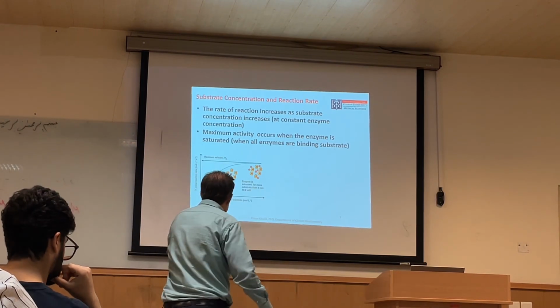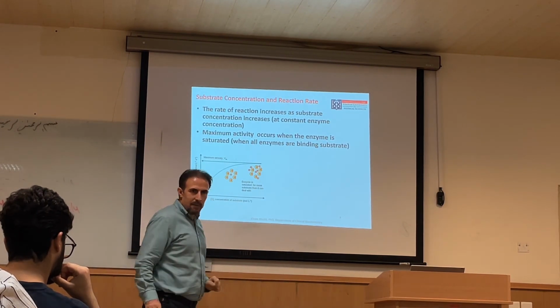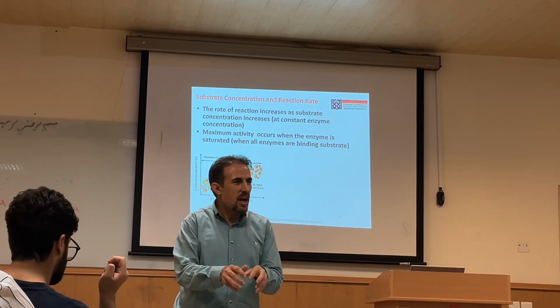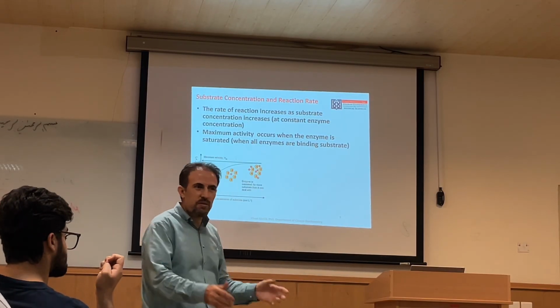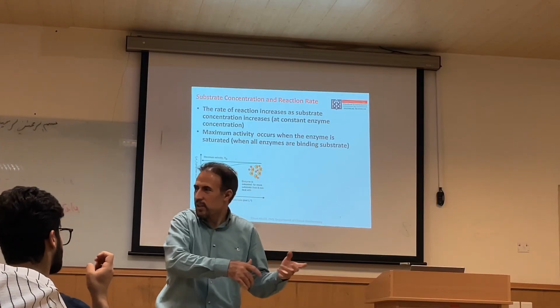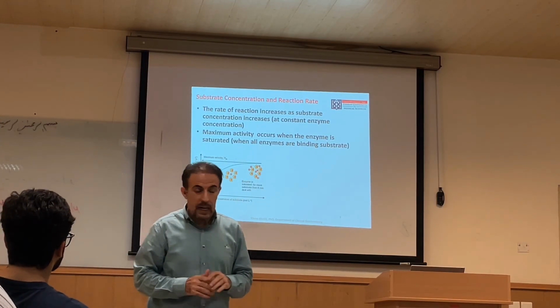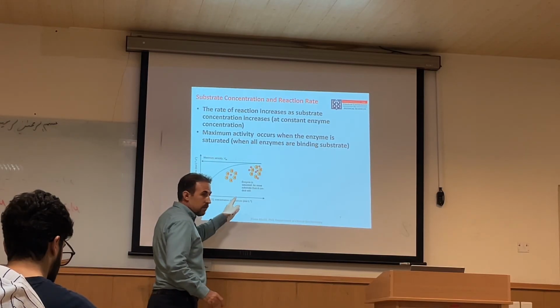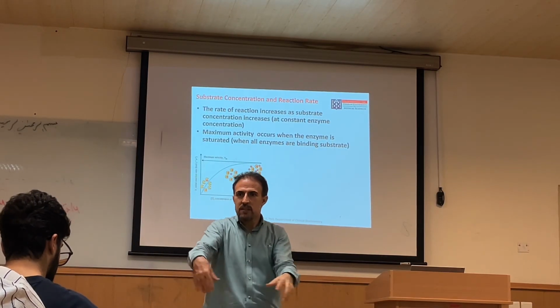But with increasing the substrate, what happens here? Some of these enzymes start to work. Let's say half of them, or 20% of them, are busy and working. And with increasing the substrate, what happens? All of those enzymes are busy.